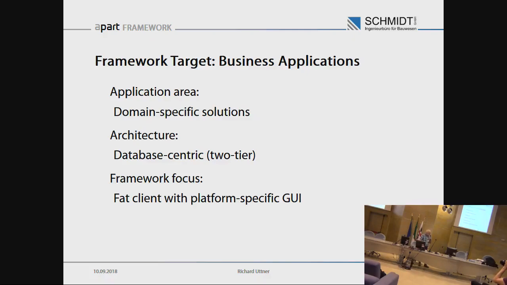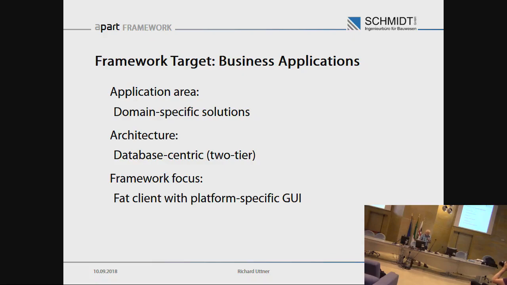So our framework targets the implementation of business applications. And what do we understand here? We think of a business application as something with the application area of a domain-specific solution, in our case a document management system, including invoicing for civil engineers, for example, but not limited to that.